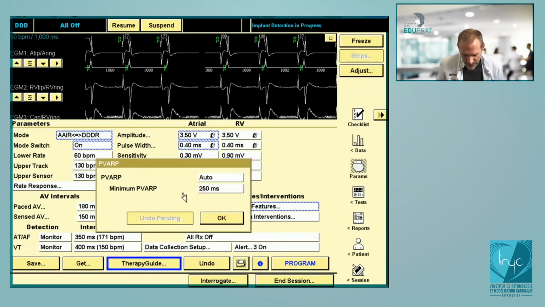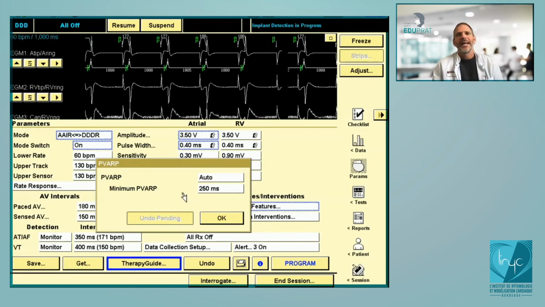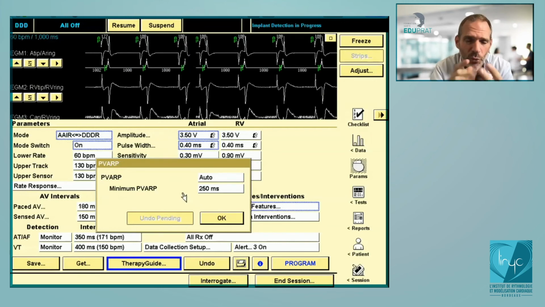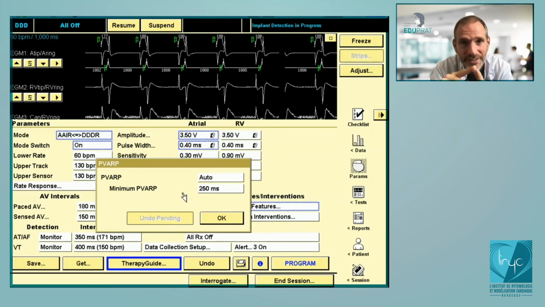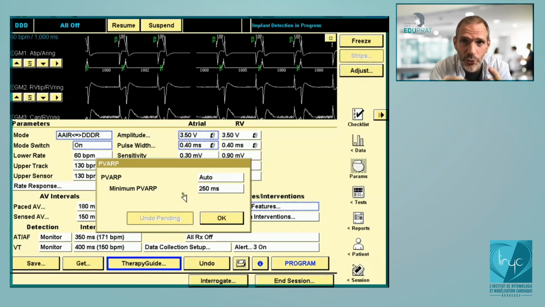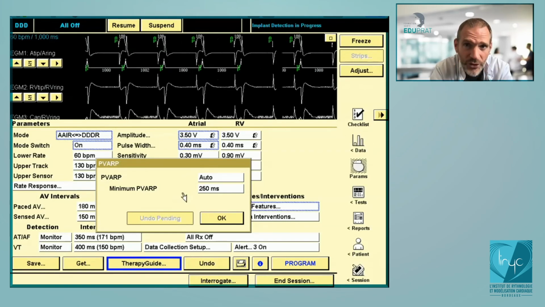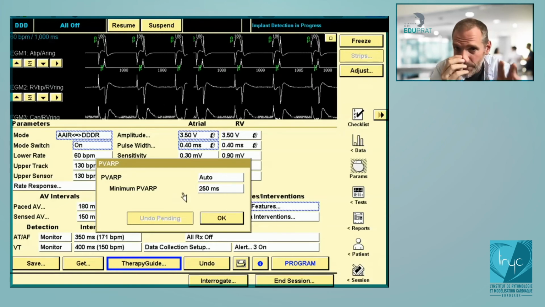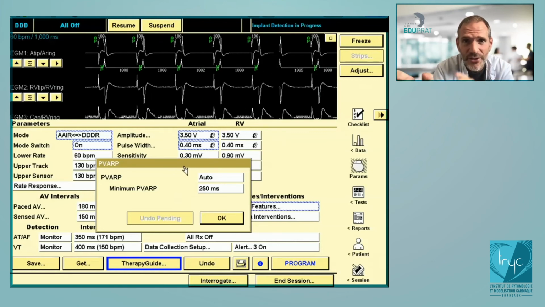PVARP, nominally, is auto. And you need to know something. When you program a PVARP, you want two things. The first one is that you want the PVARP longer than the VA interval, the retrograde conduction, to avoid the occurrence of PMT. So the PVARP was developed inside a pacemaker to decrease the risk of PMT.